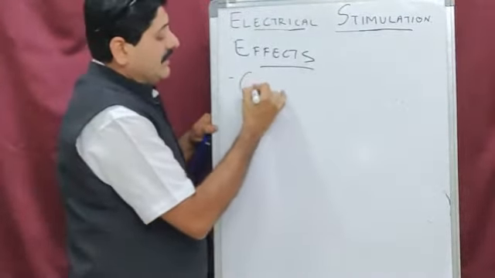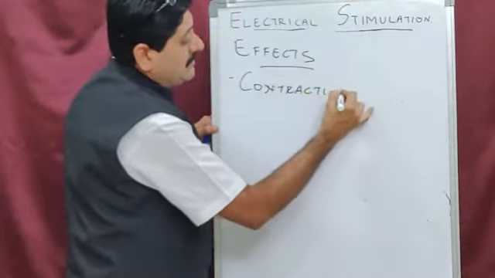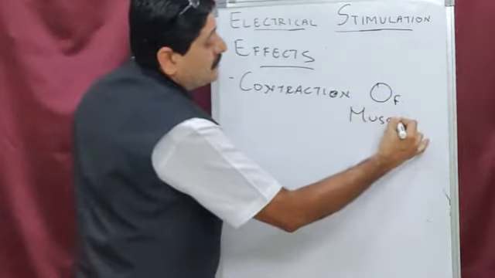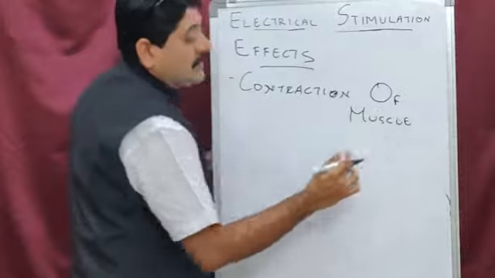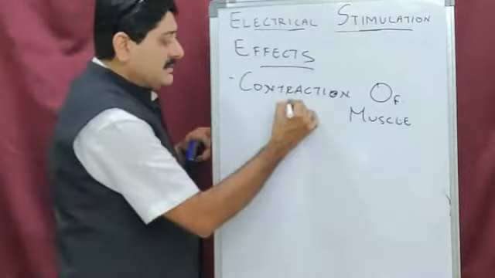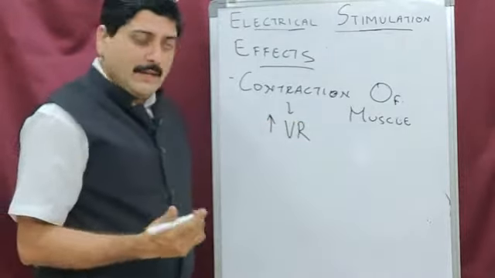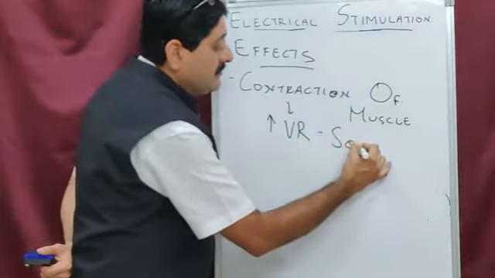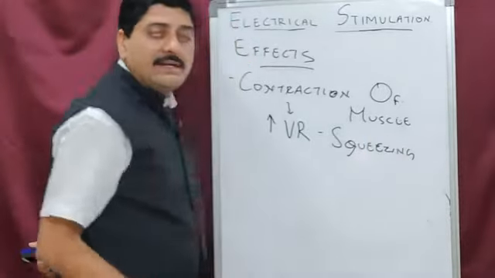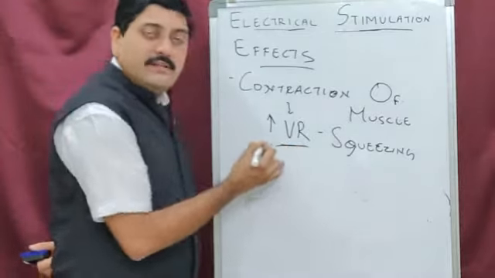Now, what else happens when the muscle is stimulated? It causes contraction of muscle, right? So whenever there is a contraction of muscle, it increases the venous return, because it causes squeezing of muscle, right? So it squeezes the muscle. When the muscle gets squeezed, there is an increased venous return.